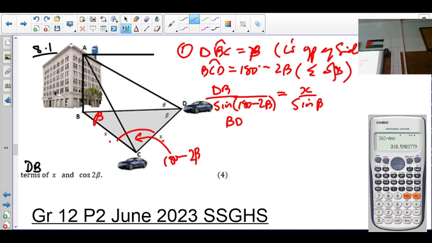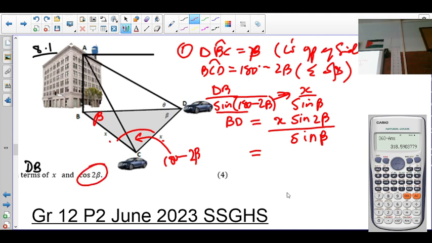So BD is equal to, I cross multiply, x sine 2 beta over sine beta. This is actually not what they want, because right here is 2 beta. So I must use the cos rule.